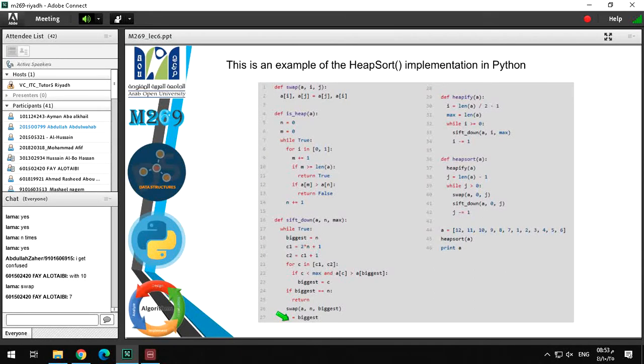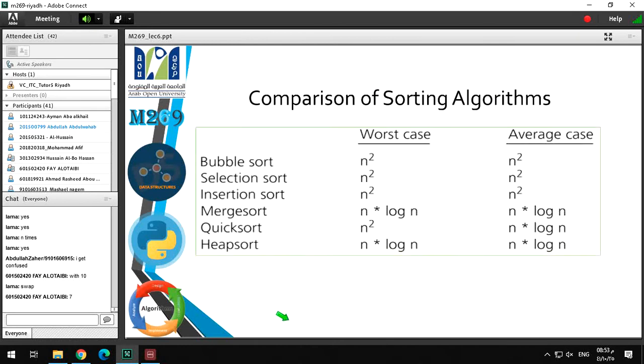And this is the code in Python. As you can see, both heap sort and merge sort are O(n log n) in their worst case.